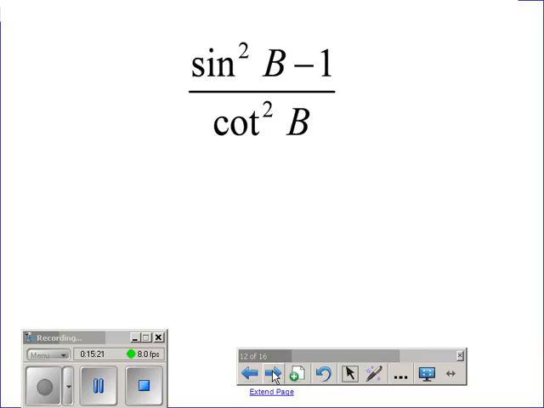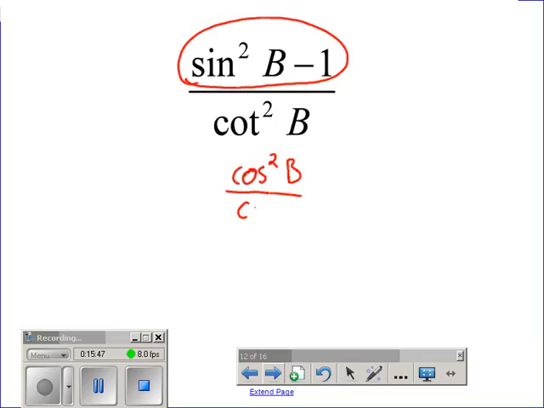All right. Now, as we move on, let's look at this. This problem here, I'm looking at this because that's a Pythagorean identity. We know that sine squared b plus cosine squared b is going to be cosine squared b, as written.